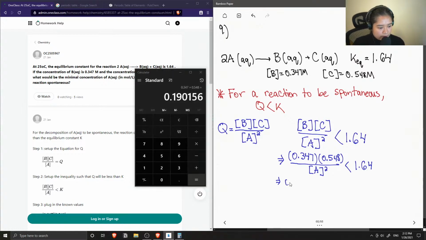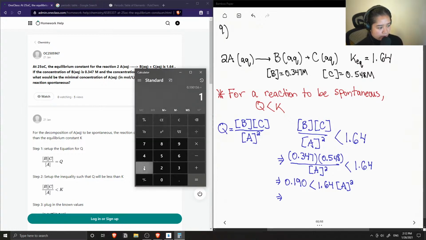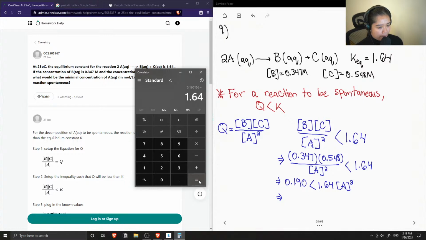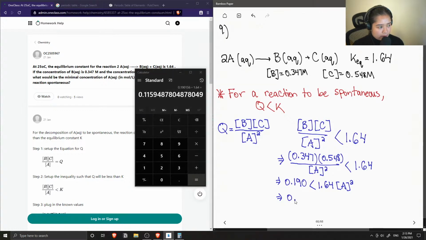You get around 0.19 if you multiply those two at the top. And now let's bring our concentration of A to the other side, and then we'll divide this value by 1.64. And you get around 0.116.